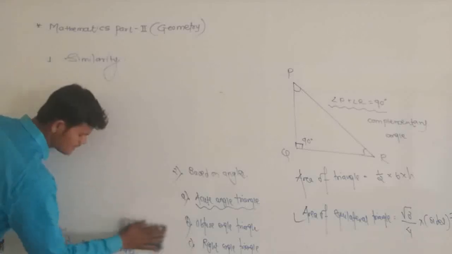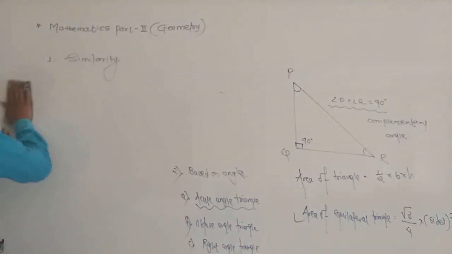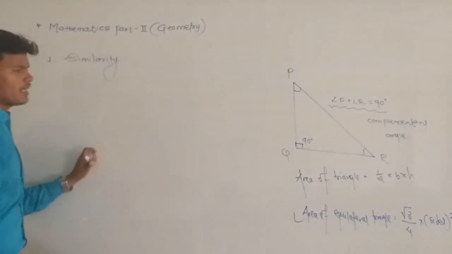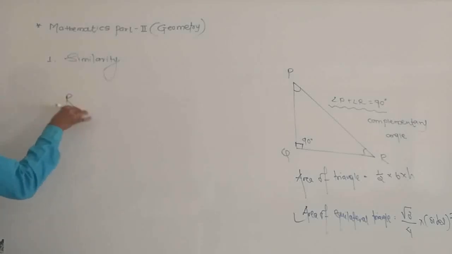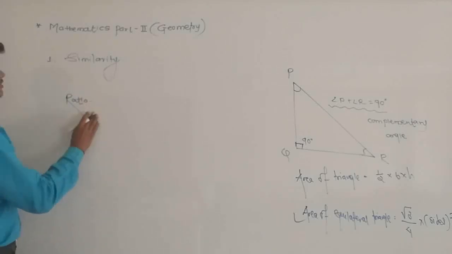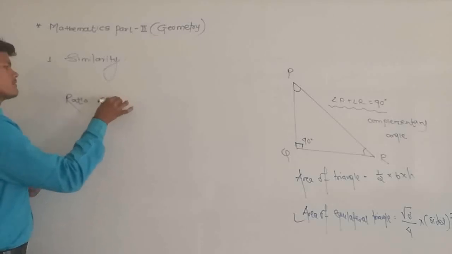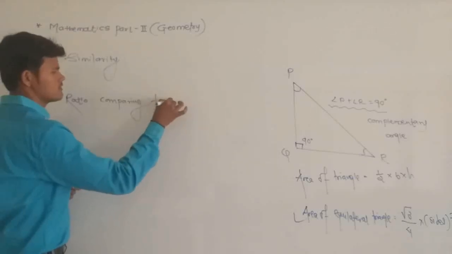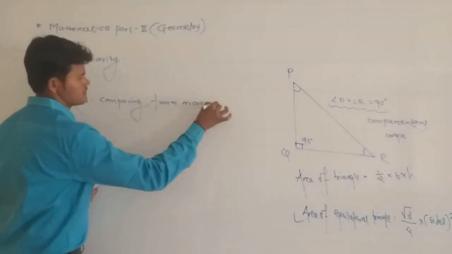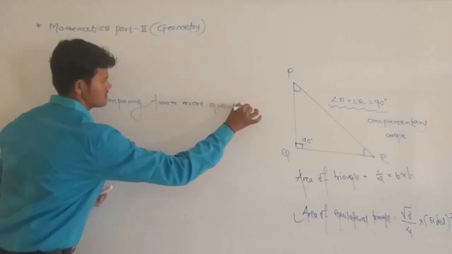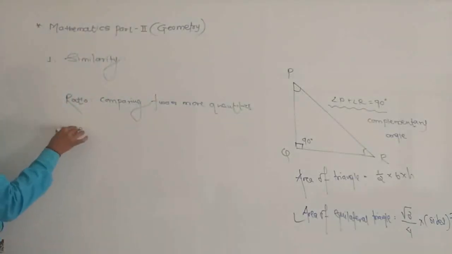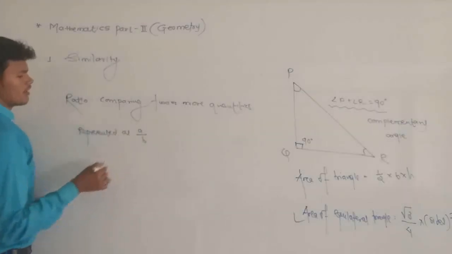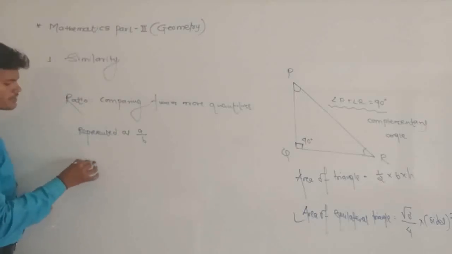The ratio can be represented as A upon B, or it can also be written as a proportion, that is A is to B.